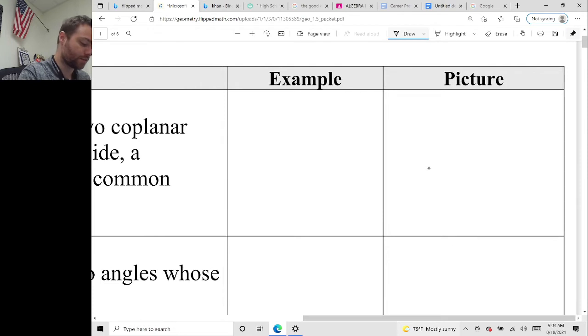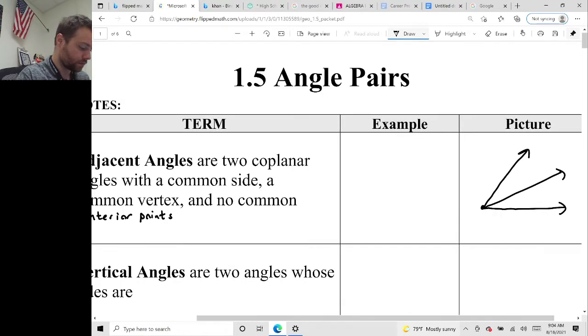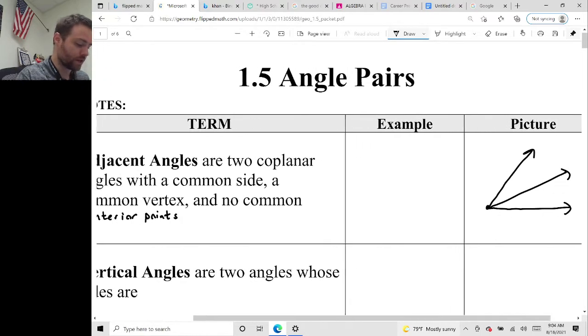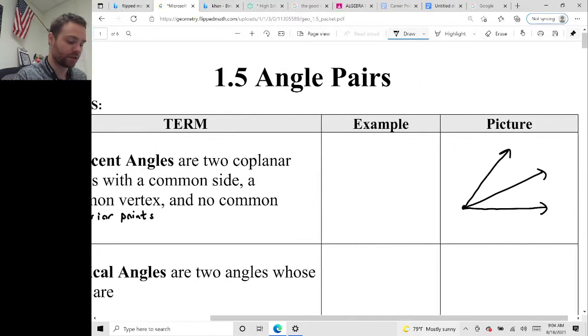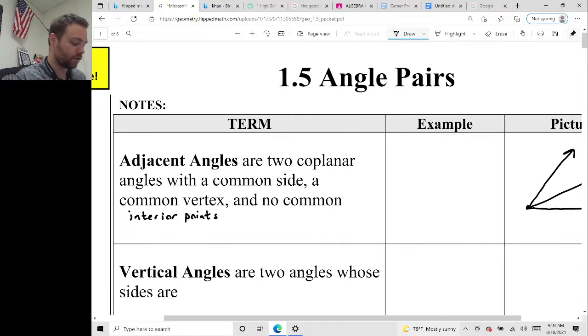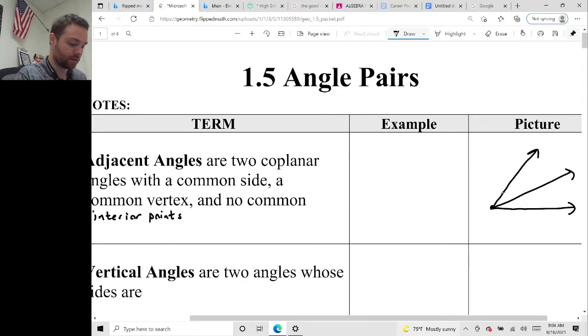So it helps to draw this picture first. So I'm going to draw two rays out and a ray in the middle. So these are adjacent angles. They're right by each other. They're two coplanar, so they lie in the same plane. Angles with a common side. Okay, so this angle has a common side as this one.